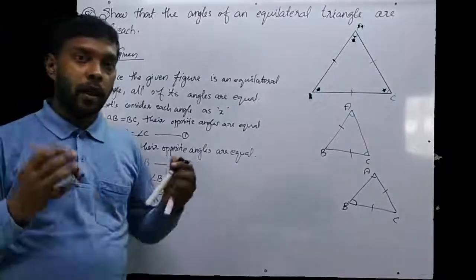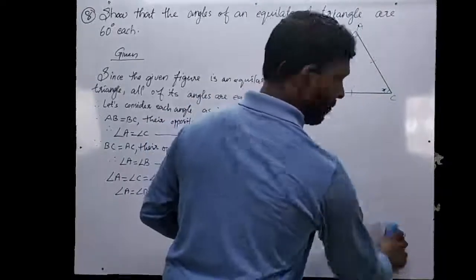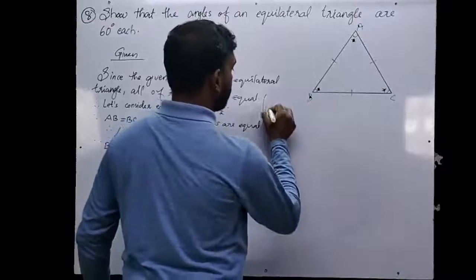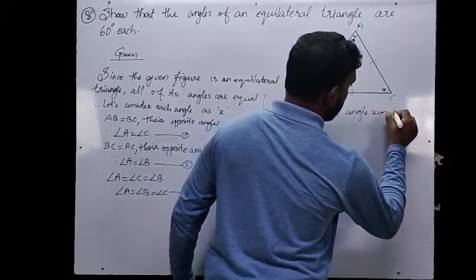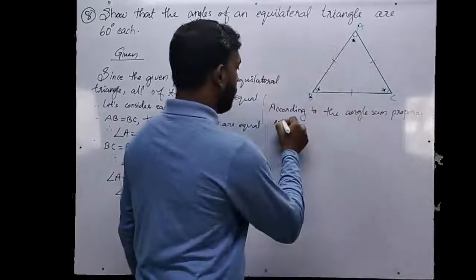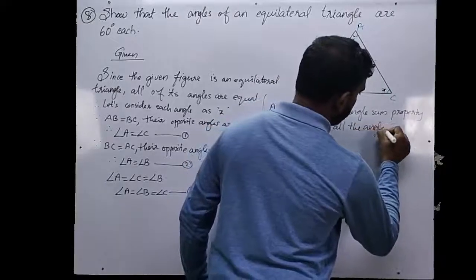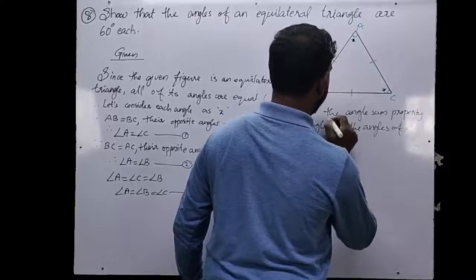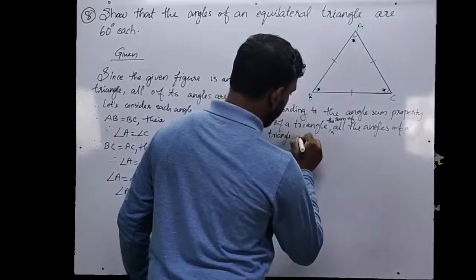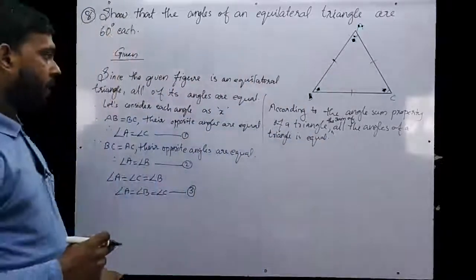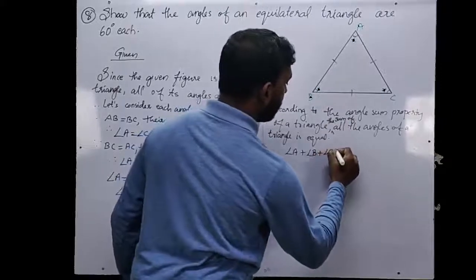Now we know the angle sum property of a triangle. According to the angle sum property, the sum of all the angles of a triangle is 180. Therefore, angle A plus angle B plus angle C is equal to 180 degrees.